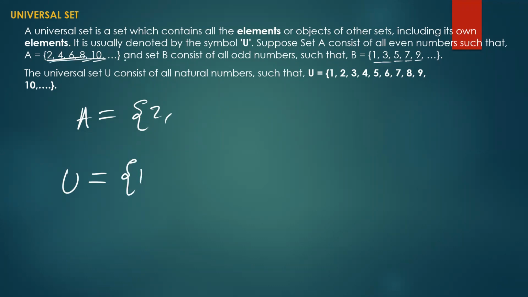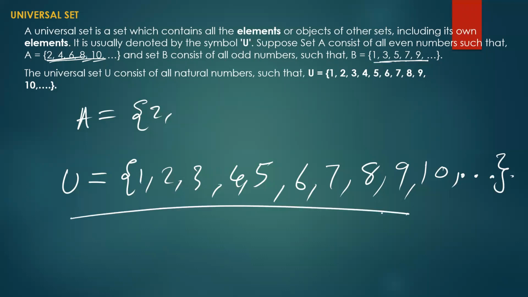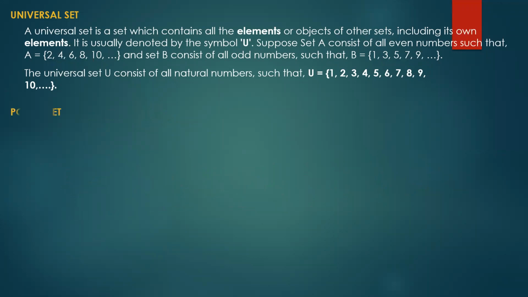You get all these elements and combine them with those elements, like that, and you put 3 dots at the end to show that the numbers keep on going. So this is going to be our universal set. And because there are 3 dots at the end, it tells us it's an infinite set. So we move on.